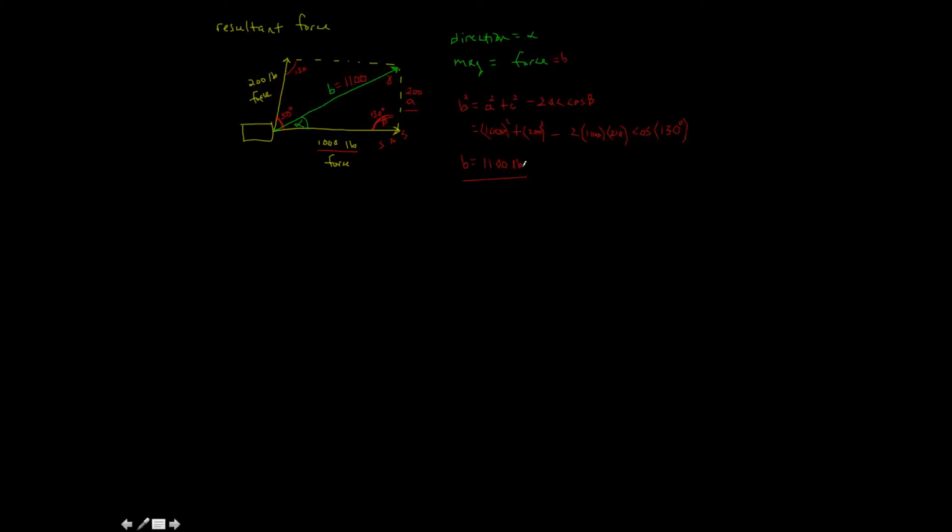So, now what direction am I actually moving it? In other words, what is alpha? Well, notice, we're looking for alpha. We know side A. We know angle B. And we know side B. So if I know angle B and side B, and I know side A, how can I find this angle alpha? Well, notice this is a side angle problem.